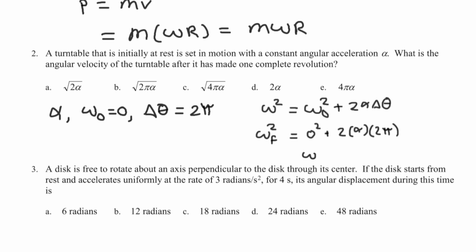So omega is just going to be the square root of 4 pi alpha, which is C. So again, the trick for this, it is just kinematics, but you had to realize that one revolution is the same thing as displacing 2 pi radians.